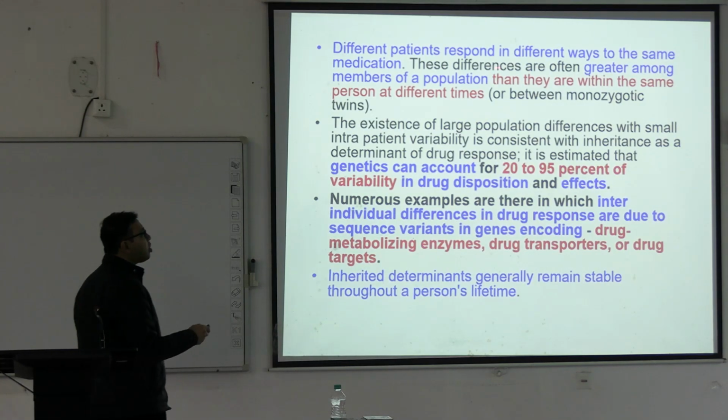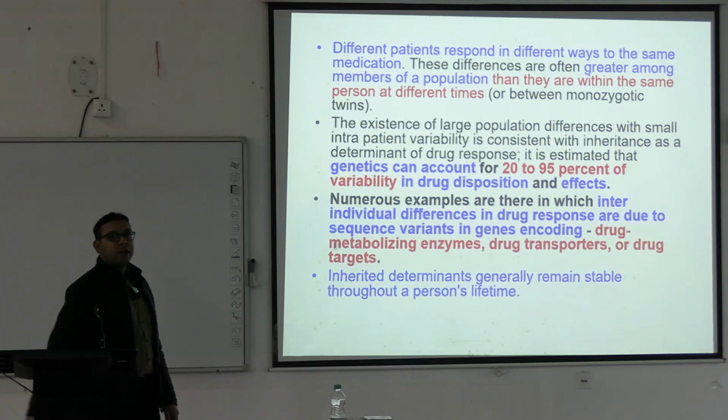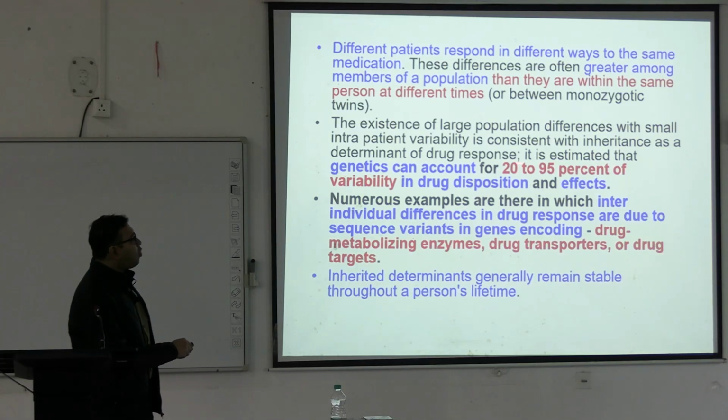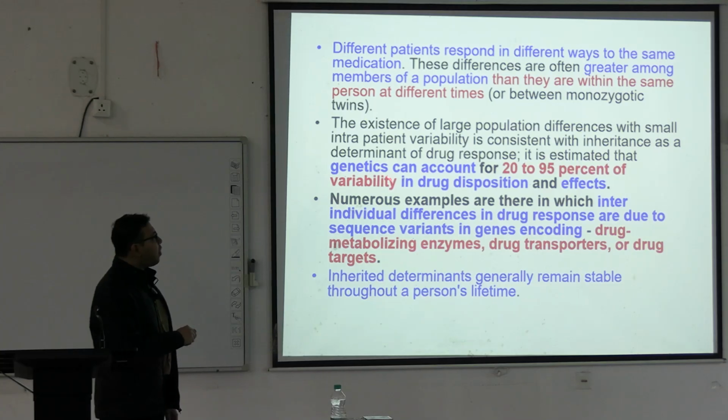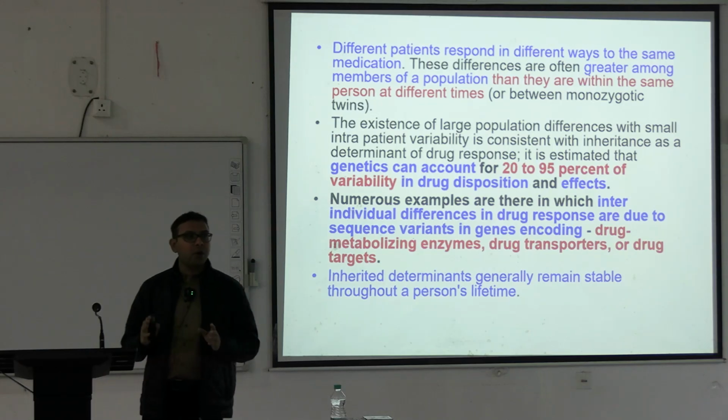Different patients respond in different ways, and ultimately the variability of their genetics determines this. Genetics can account for approximately 20 to 95% variability in drug disposition and effect. Pharmacokinetics and pharmacodynamics we have already read.